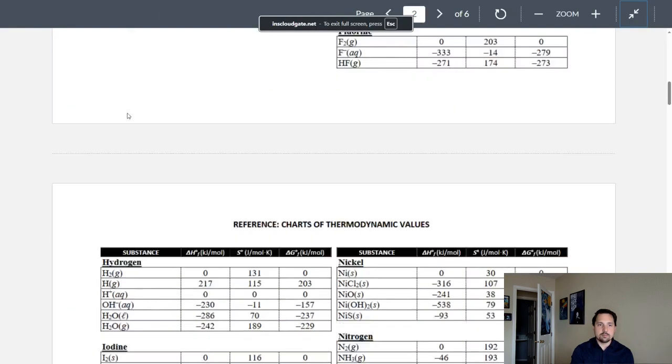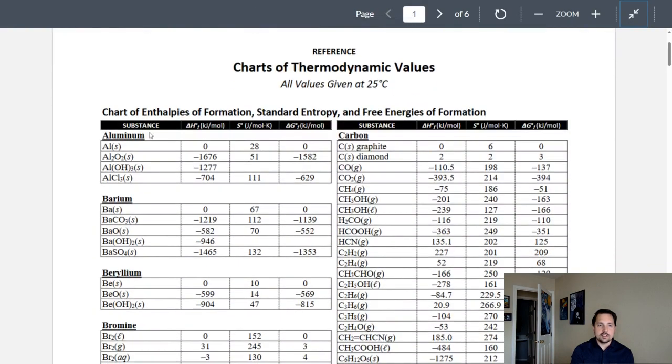And if we look, we'll find 4 different columns here: the substance, the change in the enthalpy of formation, the entropy, which is given by the symbol S, and the change in the Gibbs free energy, which is given by the symbol G. We're going to be learning about entropy and Gibbs free energy in Chem 112. But for Chem 111, we can look at the delta H values here.